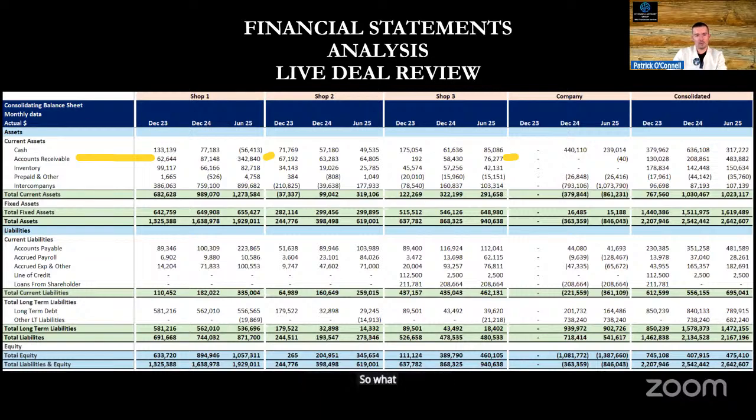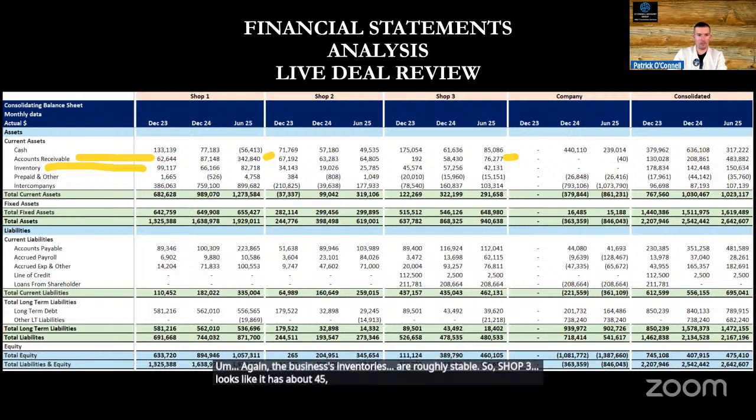So what else is going on with this business? It has some inventory, so it has raw materials. If I were to guess, it's raw materials related to cars and the repair work they do. Again, the business's inventories are roughly stable. Shop three looks like it has about 40,000 of raw inventory. This shop has a little bit less, and then shop one has almost double.